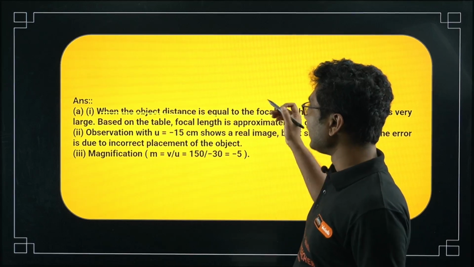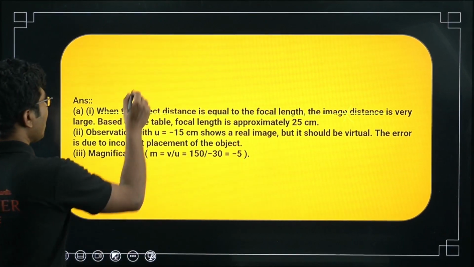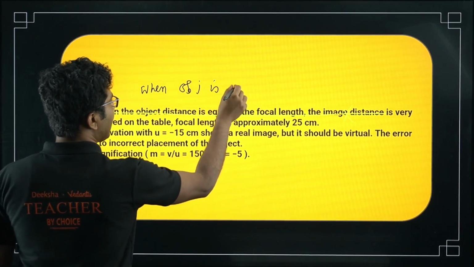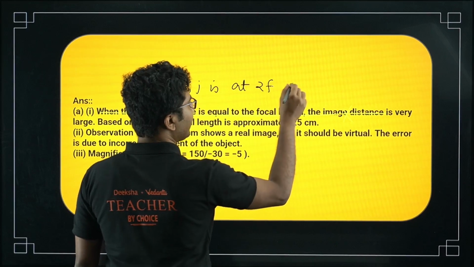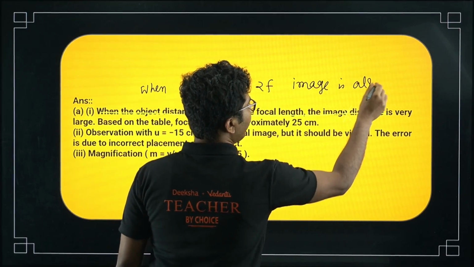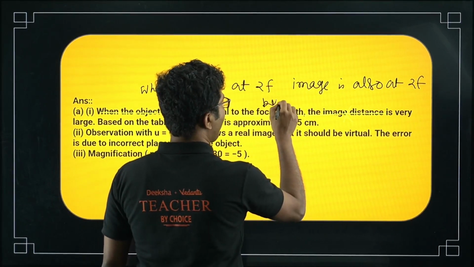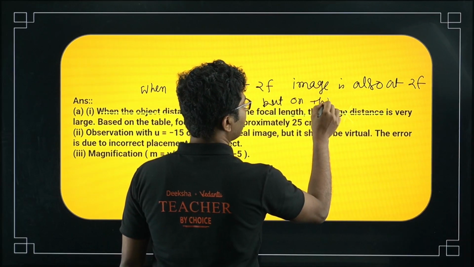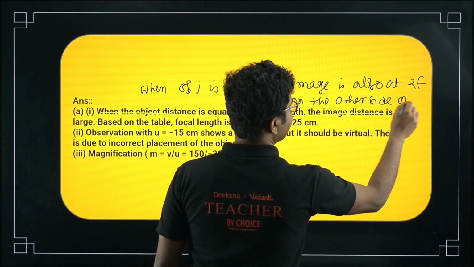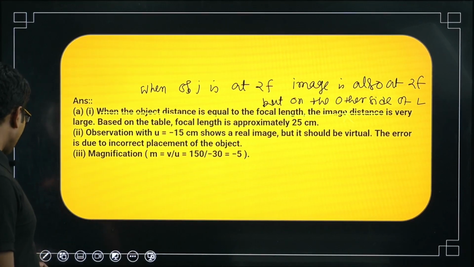So when the object is kept at 2f, the image is also formed at 2f, but on the other side of the lens. Okay, that is our logic to answer this question.